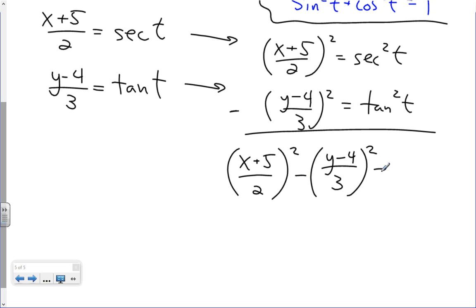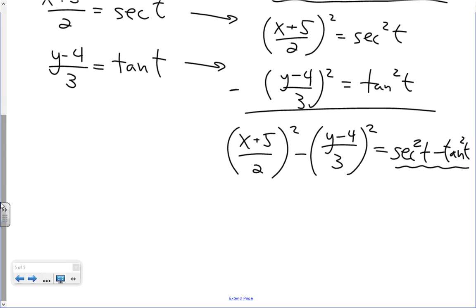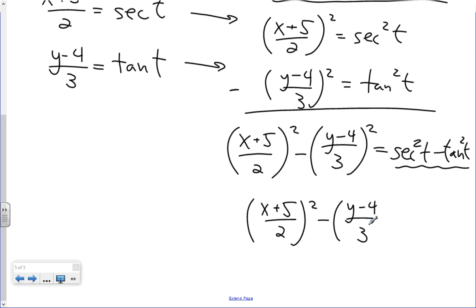And on the right, when I subtract, I end up with secant squared of t minus tangent squared of t, which, as we just set up above, is equal to 1. Notice that in that process, I'm getting rid of the t. So I've got x plus 5 over 2 squared minus y minus 4 over 3 squared is equal to 1.